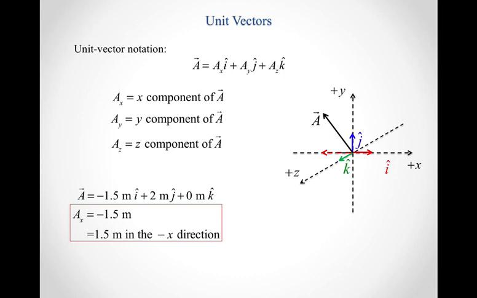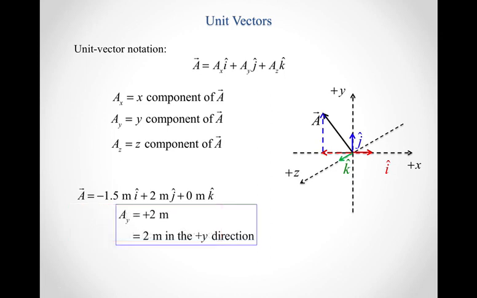You can think of how far it points in the x direction as given by this number, and the plus or minus sign pairs with the unit vector to tell you in which direction. So my x component of negative 1.5 meters means that vector A points 1.5 meters in the negative x direction.